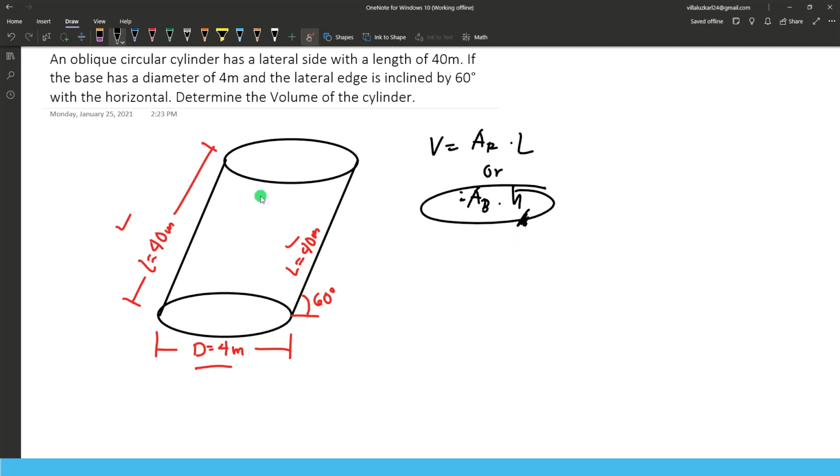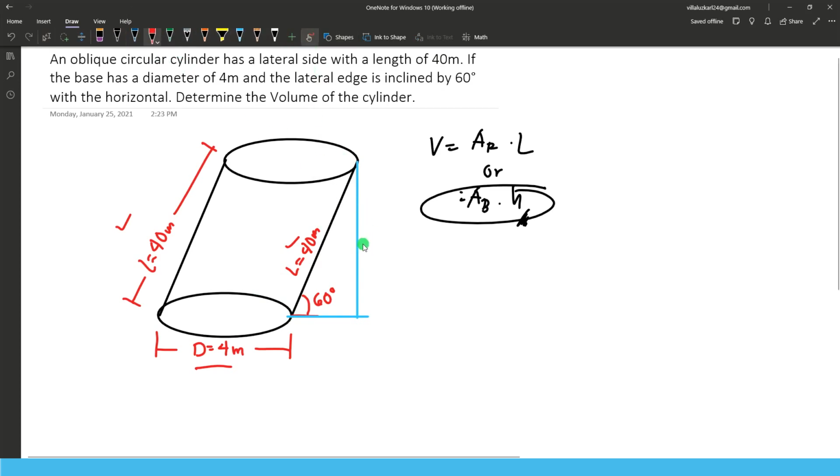Since given here is the length of the lateral side, the altitude is the perpendicular distance between the bases. From this base, perpendicular going downward, this is the parallel distance between the bases.